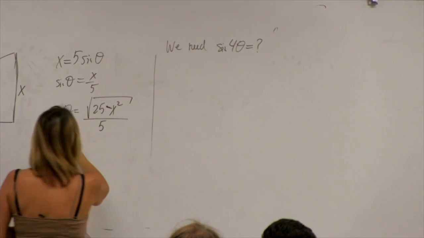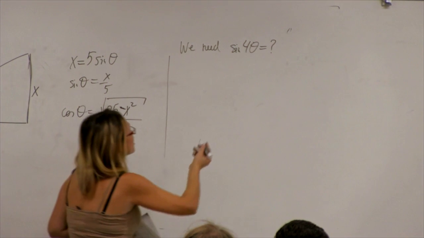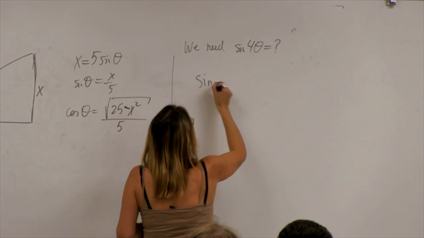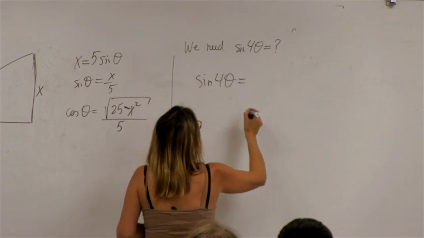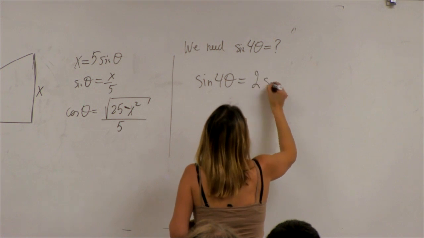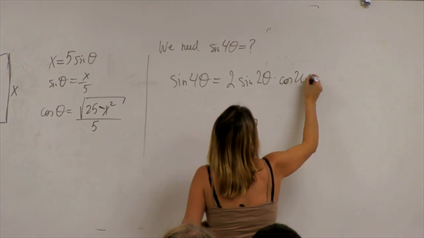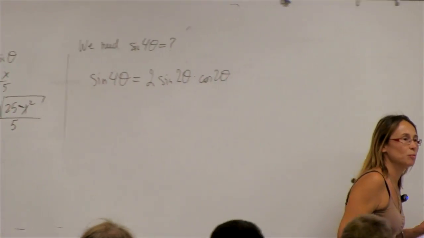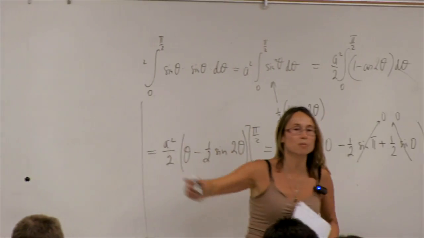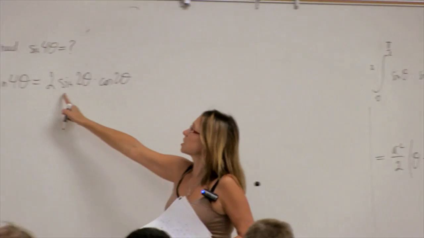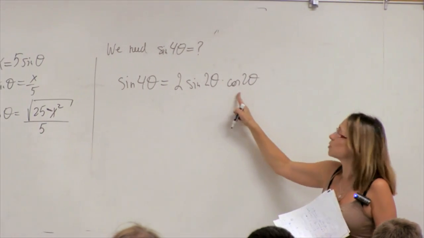And I know sine theta. Okay, so let's write it like this. Sine 4 theta is equal to 2 sine 2 theta cosine 2 theta. I'm using a double angle identity again, right? You remember that. The double sine is sine and cosine.